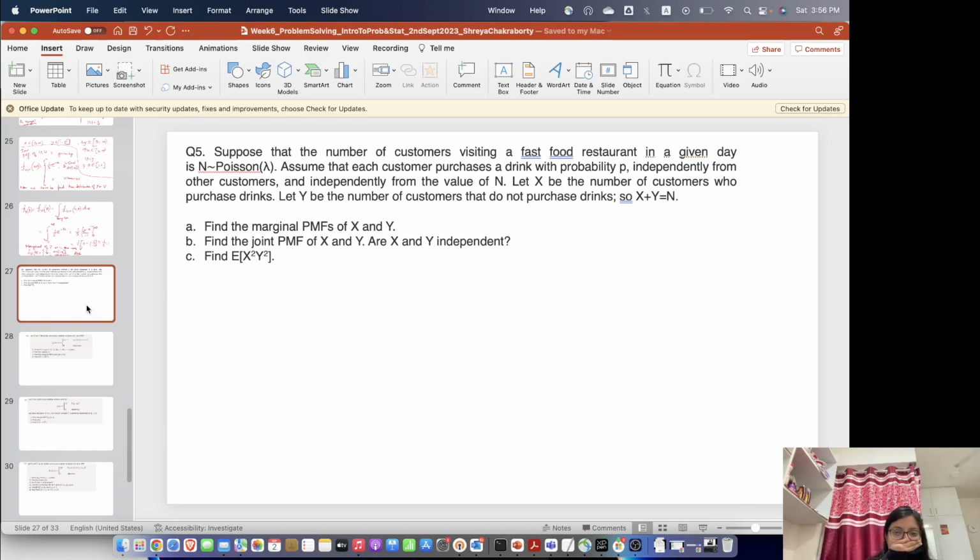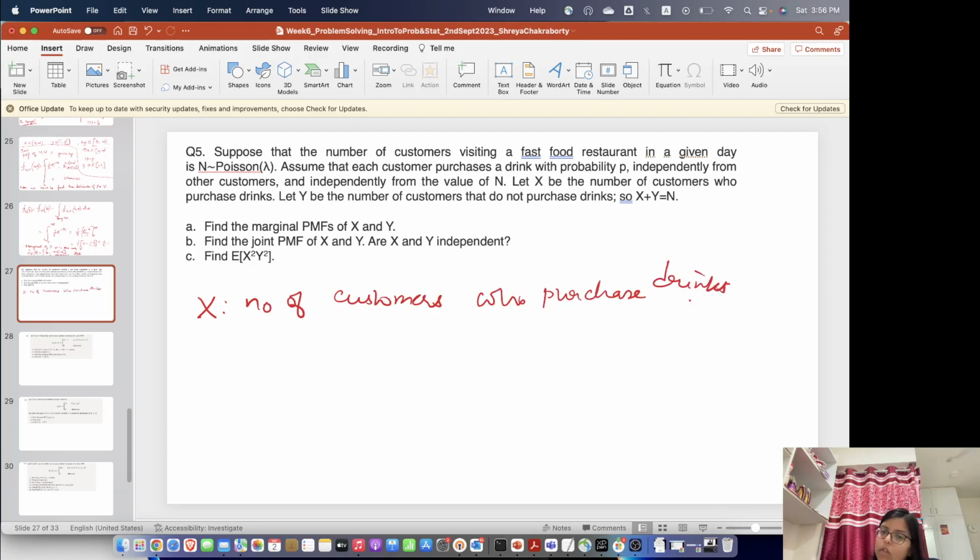So here we assume, x equal to number of customers who purchase drinks, and y is number of customers who do not purchase drinks.